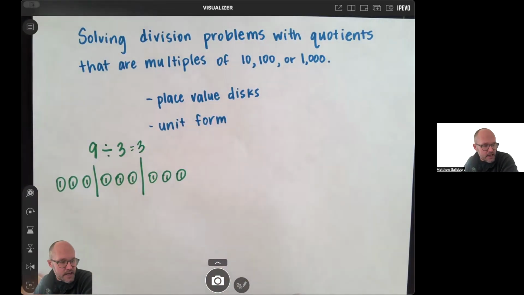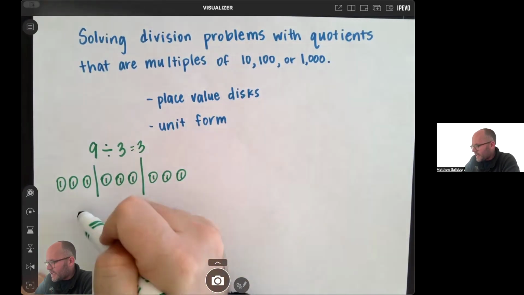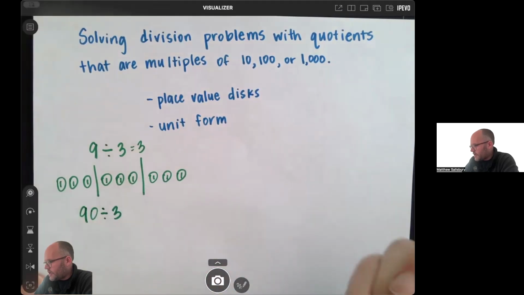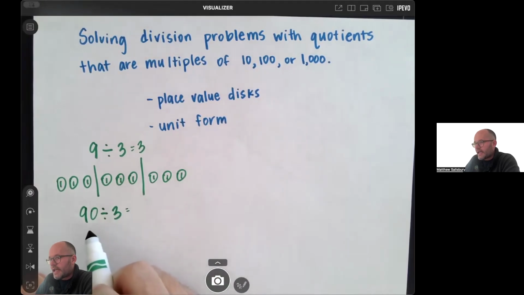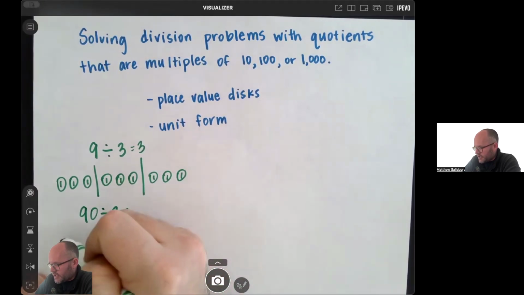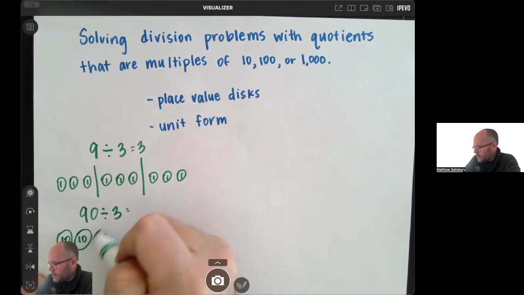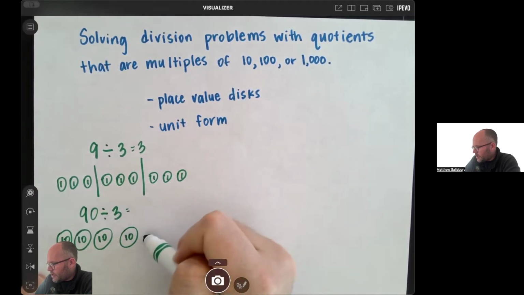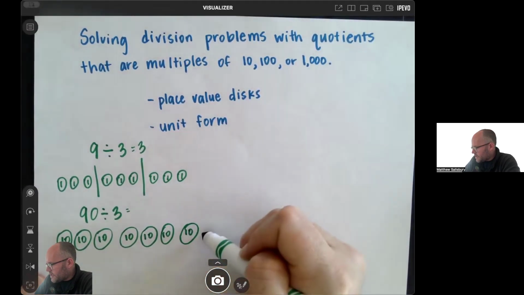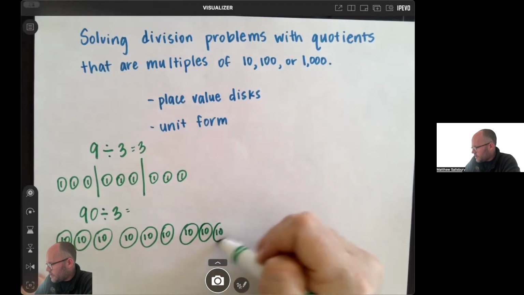All right, so let's say that we have 90 divided by 3. We want to find out what that quotient is. Well, we know that 90 is 9 tens, and so it actually ends up looking pretty similar. 10, 20, 30, 40, 50, 60, 70, 80, 90.